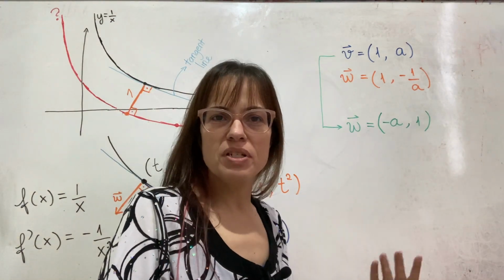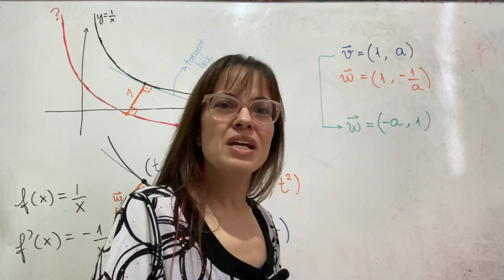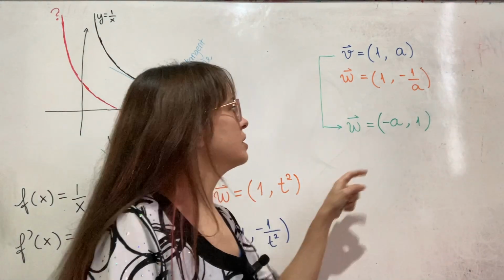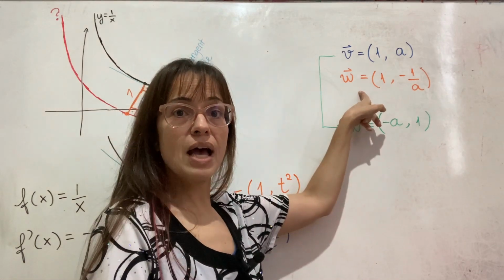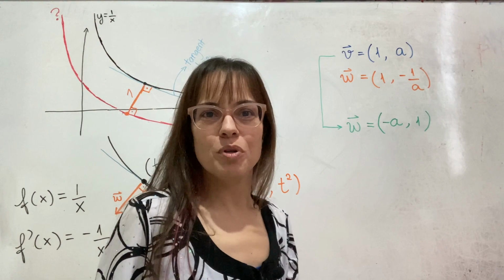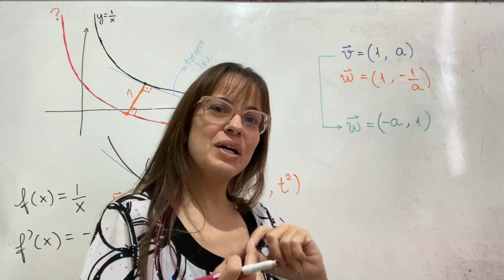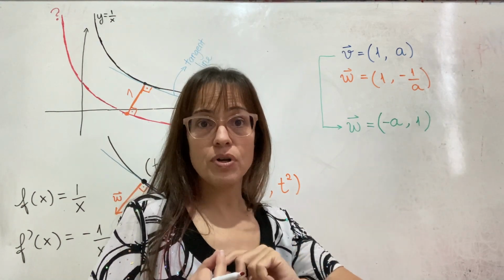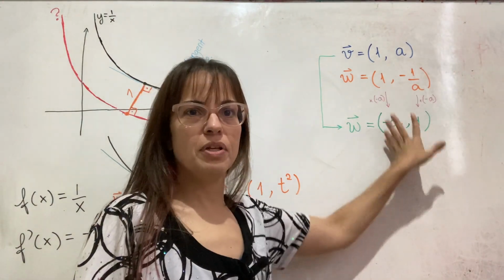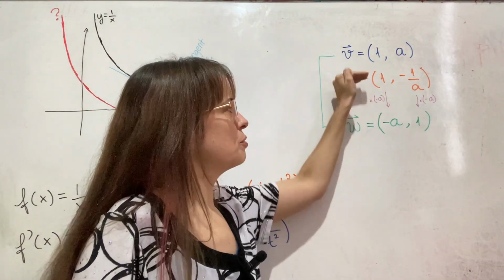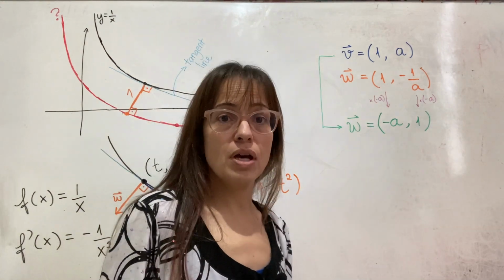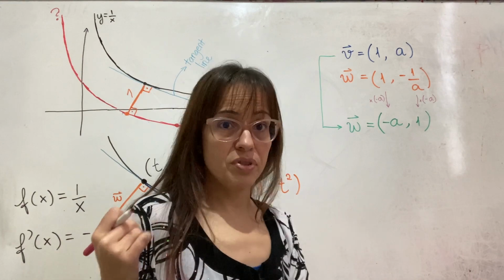Obviously, it's not going to be a different normal direction. It's just two different ways of looking at the same thing, because this vector is a multiple of that one. So you're choosing the same perpendicular direction, of course, because there's only one perpendicular direction there, but you're choosing different vectors on that direction. It's a multiplication by negative a from the orange to the green. So they are the same vector, and both of them are equally good for this exercise.